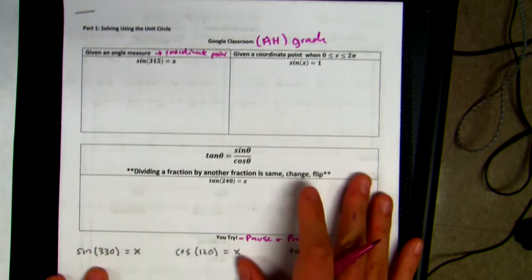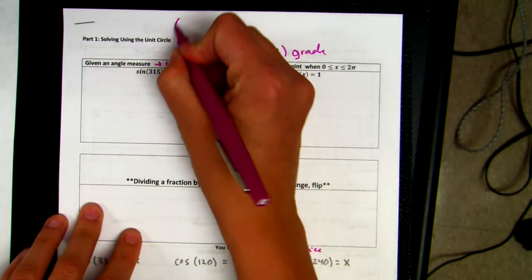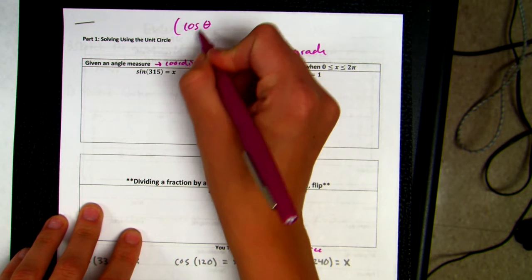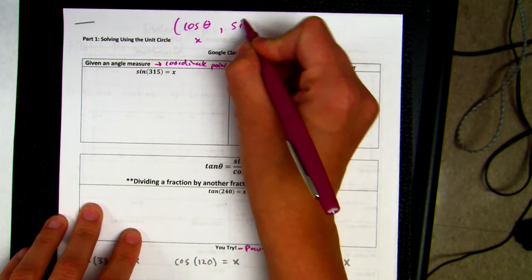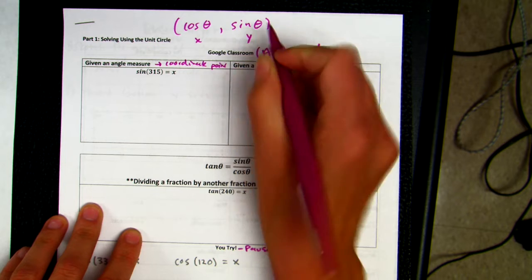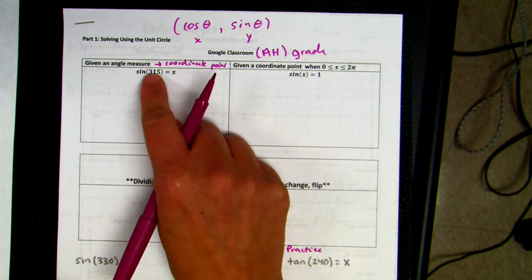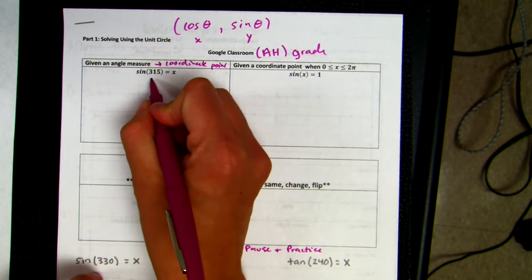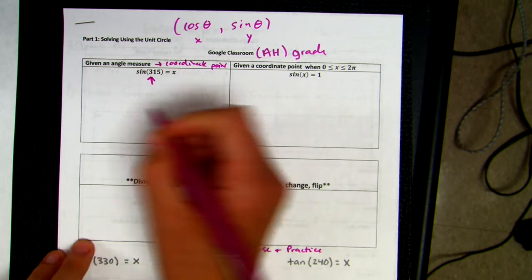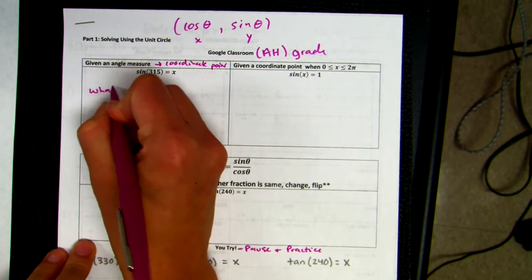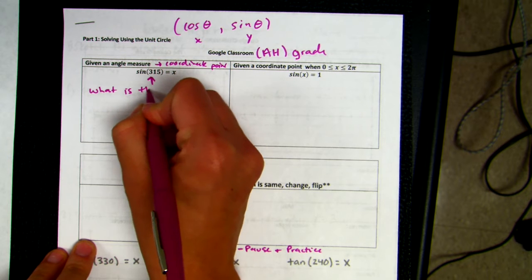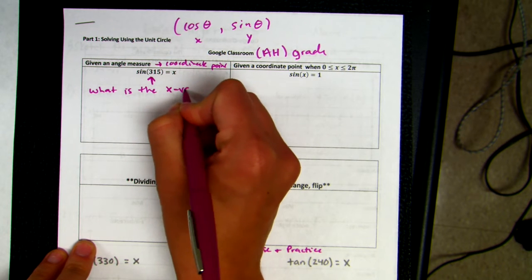Remember that when we're talking about sine and cosine, cosine are always x values and sine are always y values. So if I'm looking at this, sine of 315 equals x, what this is really asking me is, what is the x value?